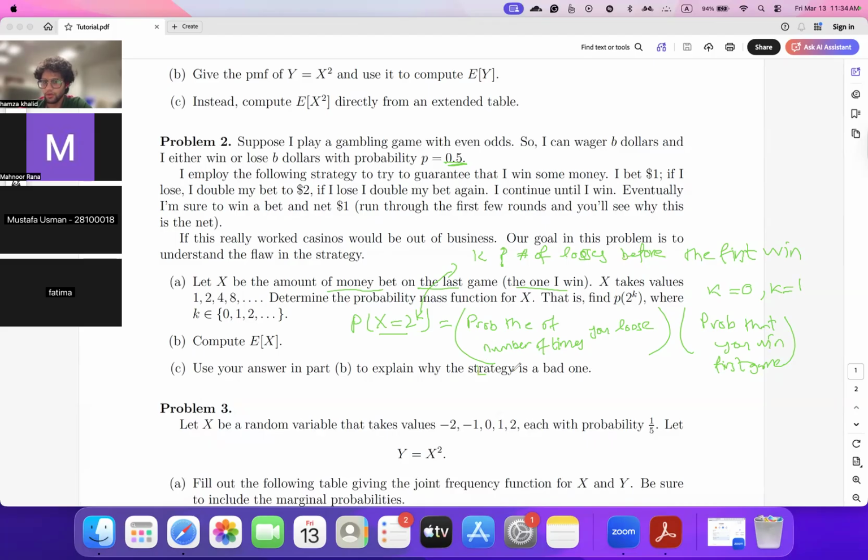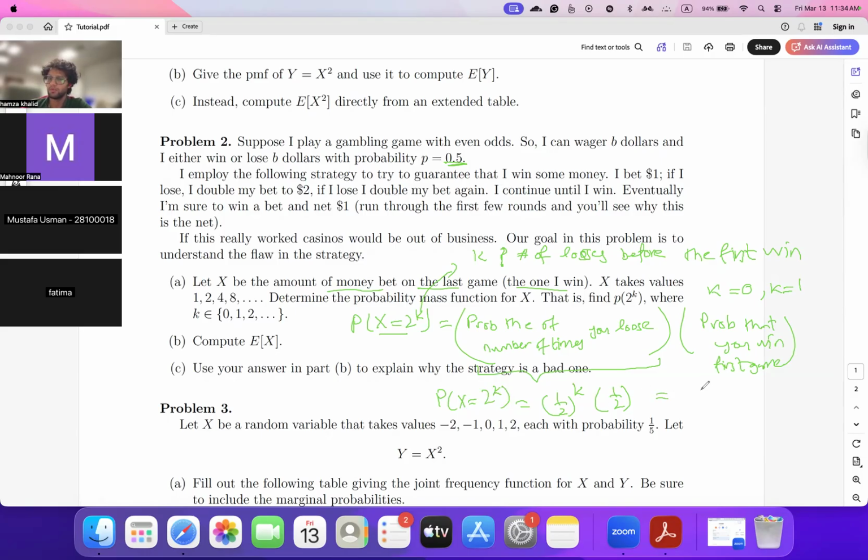So what is this thing over here? That's just half raised to the power k. This is the probability that you lose the first k games times the probability that you win the next game. So that would just be X equals 2^k.